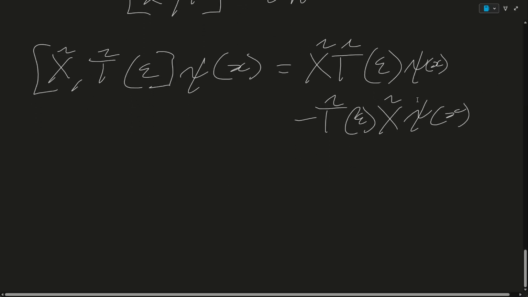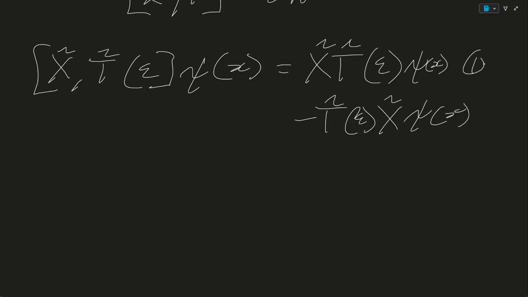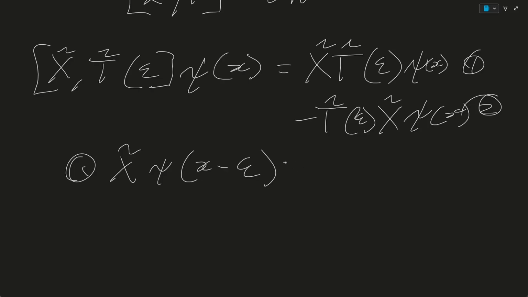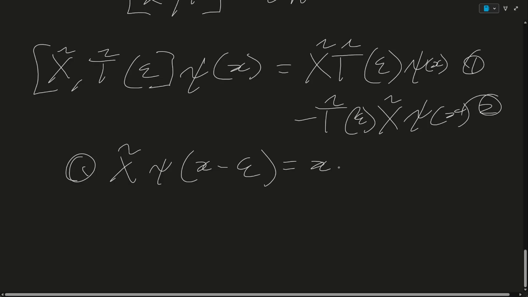And we can compute each term here, so we'll do 1 and then 2. 1, what do we have? Well, this is going to be x hat, well, we know what that is. That's merely psi of x minus epsilon, which is x psi of x minus epsilon.